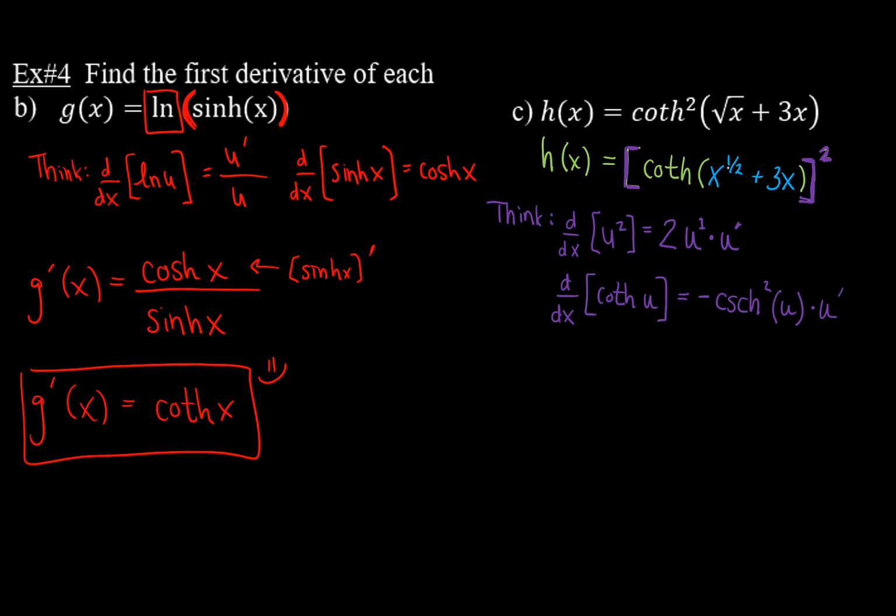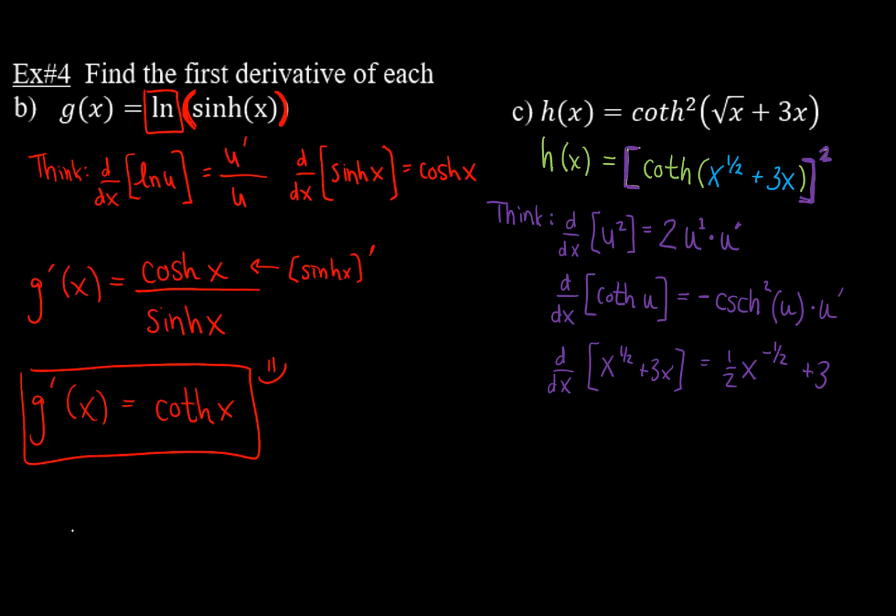And then the innermost u here is that x to the 1/2 plus 3x. And then I'm really just going to use power rules on this x to the 1/2 plus 3x, right? And so I know this is going to give me this as a derivative.